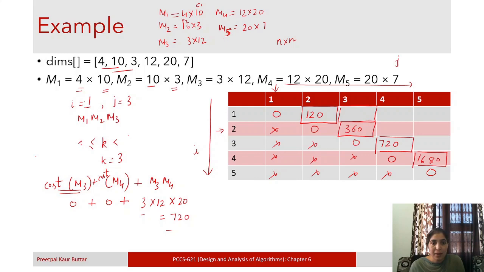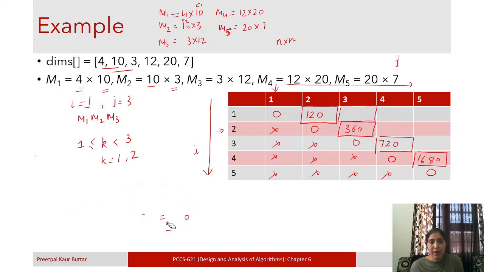Here k is greater than or equal to 1 and k is less than 3. Now we have two options for k. K can be 1, k can be 2, right? So let me first erase this.